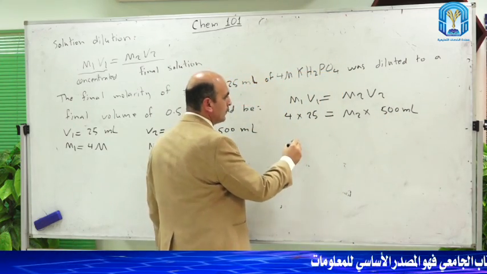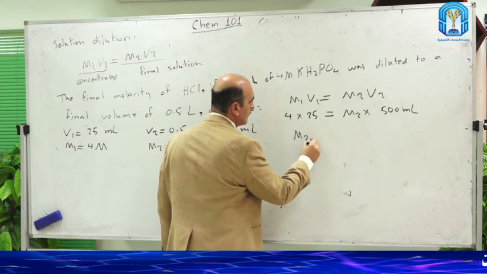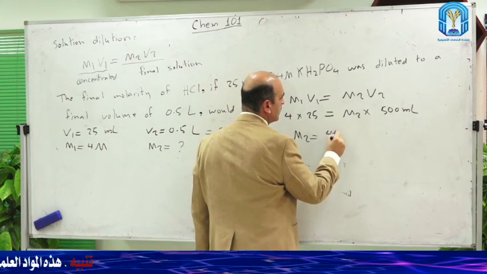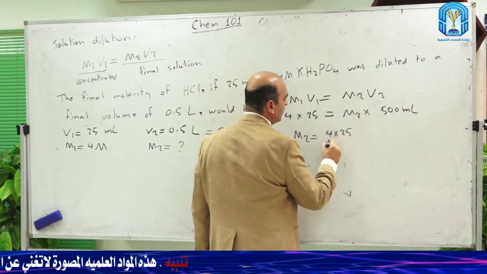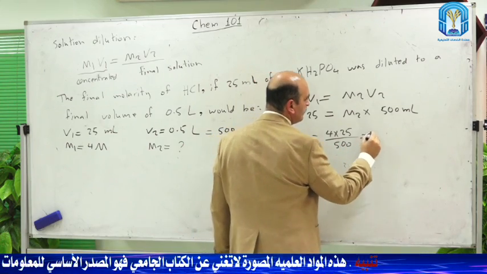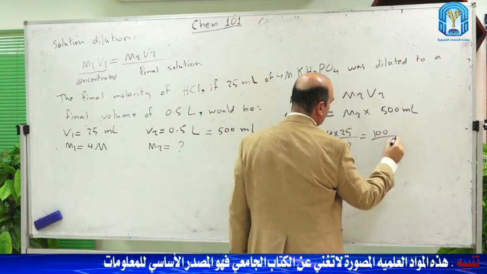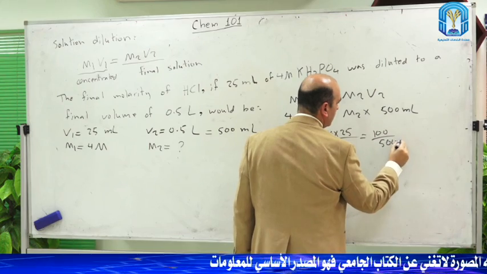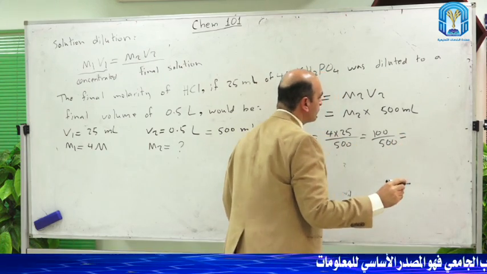So M2 is equal to 4 times 25 divided by 500, which is equal to 100 over 500, and this is equal to 0.2 molar.